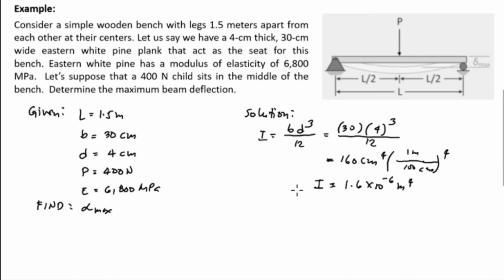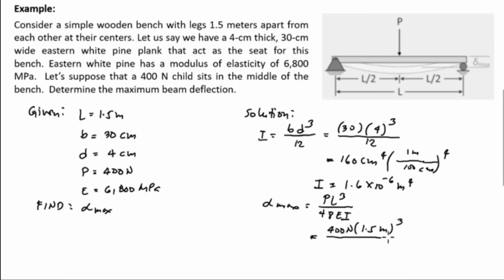And then the maximum deflection of a concentrated load at the center of the beam, we have the formula PL cubed all over 48 EI. Then substitute the values. P, we have 400 Newton multiplied by the length of the bench, which is 1.5 meter, cubed.